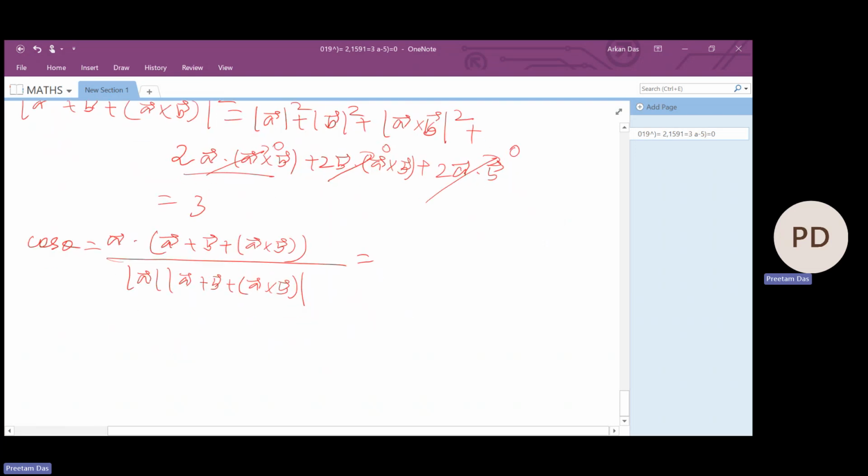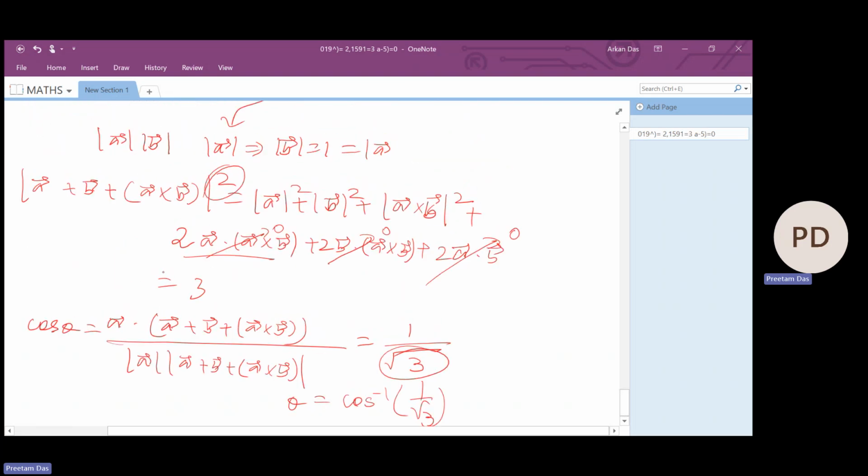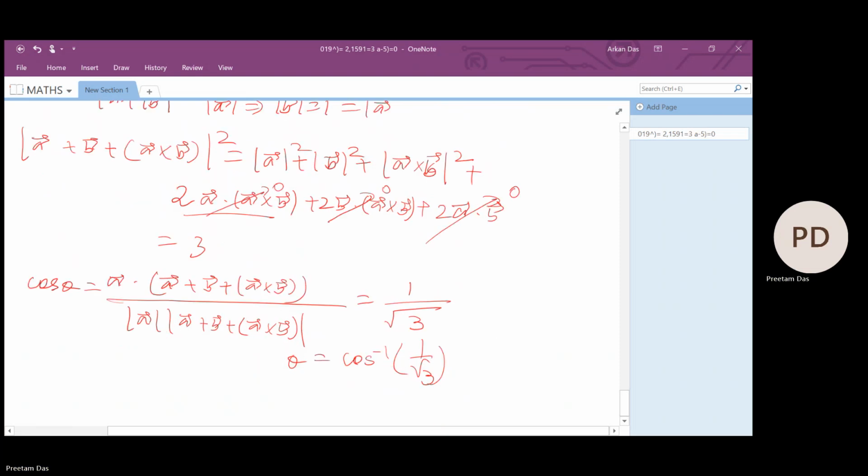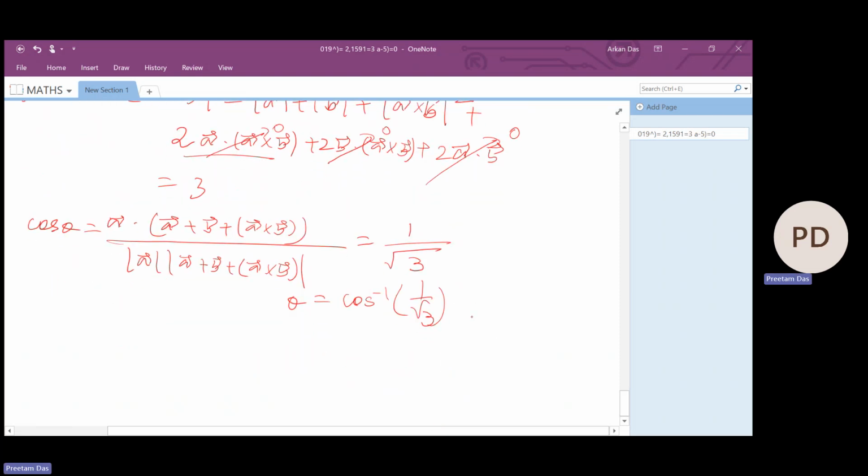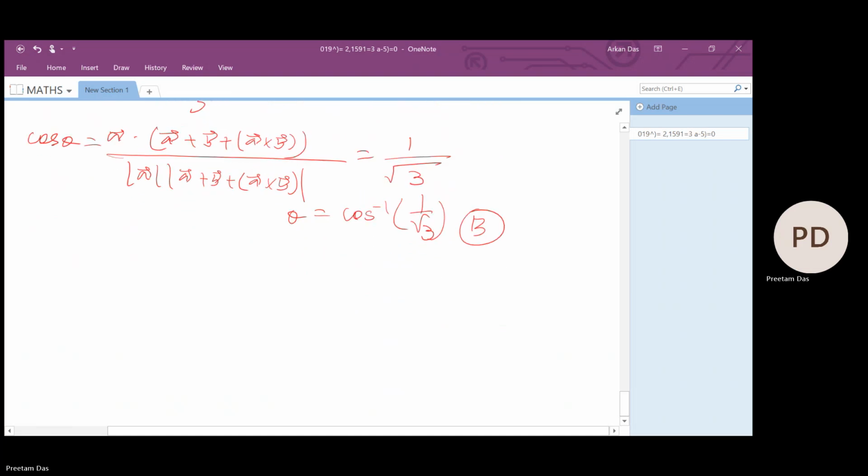In the dot product, you can see it will be A dot A plus A dot B. The overall expression will be 1, and this one will be square root of 3. So what will be theta? Theta will be cos inverse 1 by root 3. This is square root because the square is 3. So which one is the correct option? B.